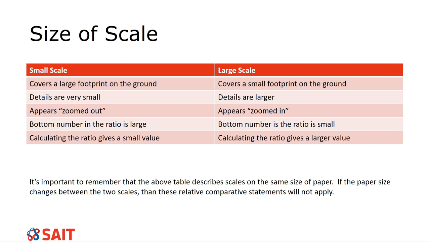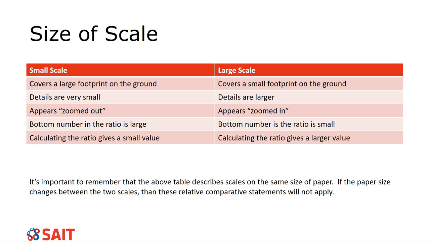As you zoom out, as if you were looking from a satellite or even further, the details are very small, but it is considered a small scale. So the bottom number, the larger number in the ratio, is going to be quite large.